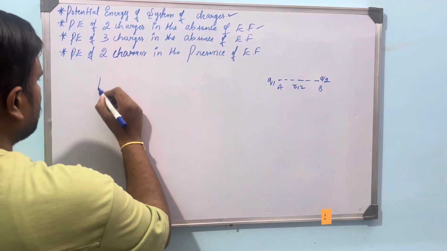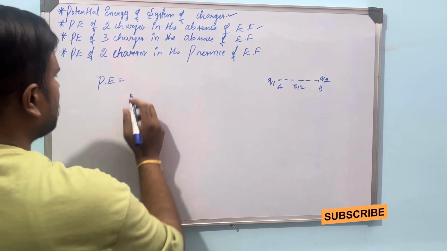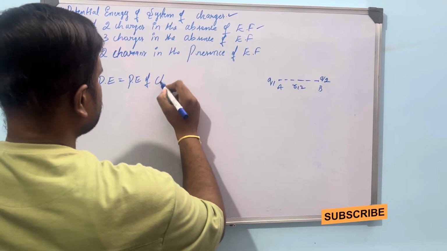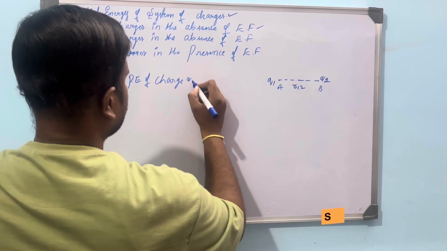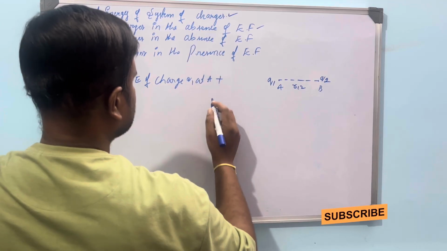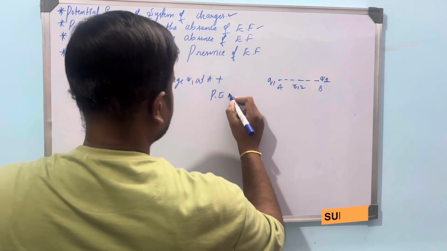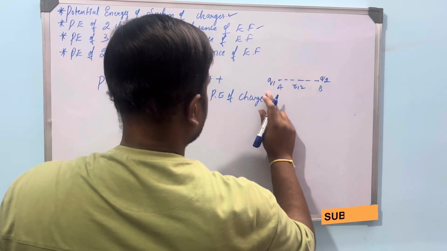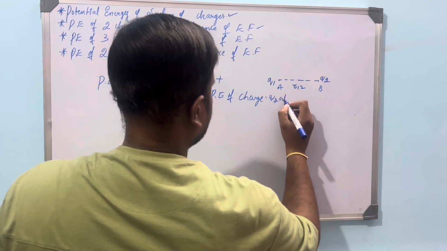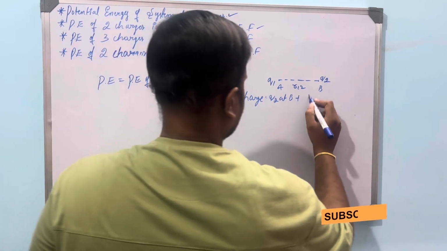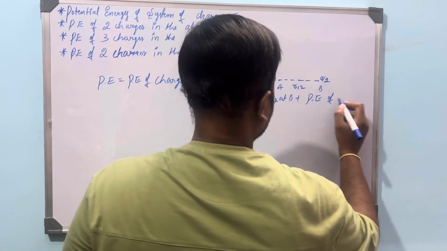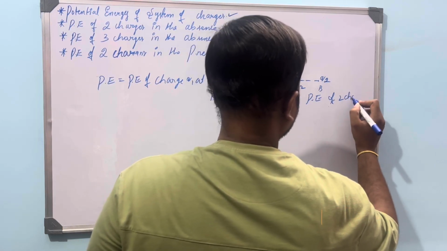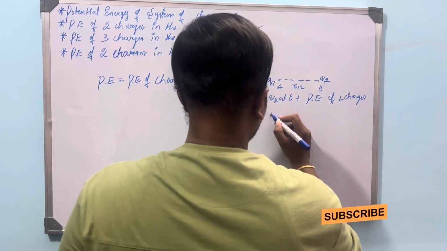Now in the presence of electric field, the formula for potential energy is: potential energy of charge q1 at A, plus potential energy of charge q2 at B, plus potential energy of the two charges in the absence of electric field.